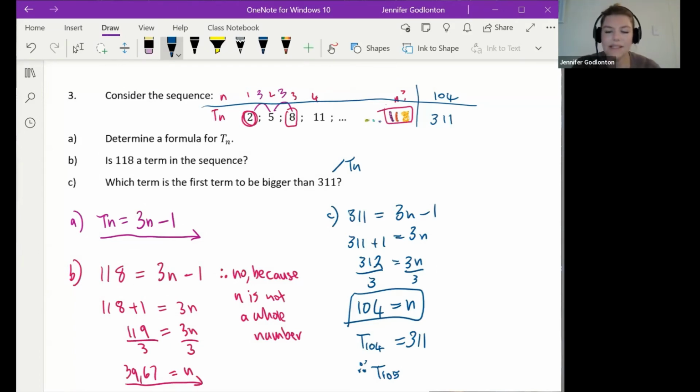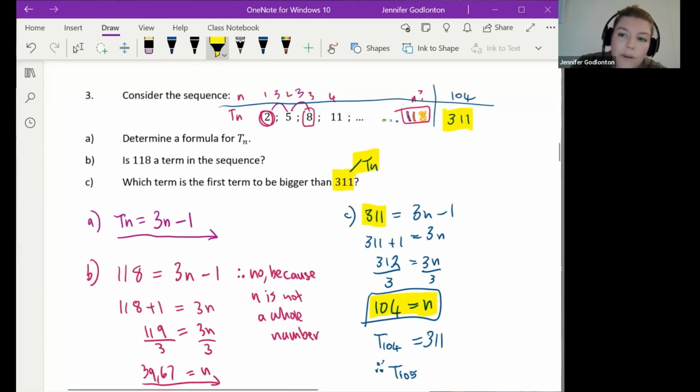Okay, so number C, all we're doing is putting in the 311 as our Tn. So we substitute that in to find out what its n value would be. It's saying, what would this n value be if we know the answer is 311? We substituted in and found that n is 104.